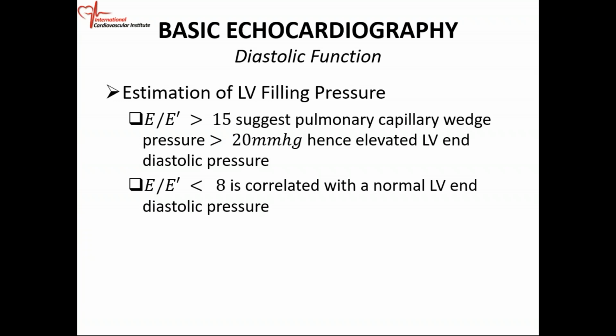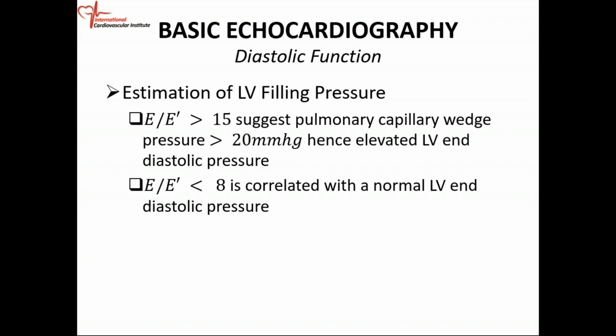Okay, that's one of the earliest things to occur. And your E/E prime ratio, if it's greater than 15, tells you that you have an increase in your left ventricular filling pressure and left atrial pressure. So your E/E prime greater than 15, and we're talking about the medial E prime. E/E prime greater than 15 suggests pulmonary capillary wedge pressure greater than 20, hence elevated end diastolic pressure.